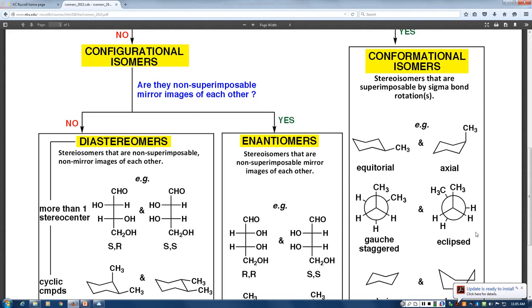Maybe not 360 degrees, but they are definitely rotating. Same thing, just simple conformations. Gauche, anti, eclipsed, all of those are simple bond rotations. Are they different molecules? They are not. They're connected identically. Spatially, you can make them equivalent by just rotating around bonds. And boat and chair fall into that.